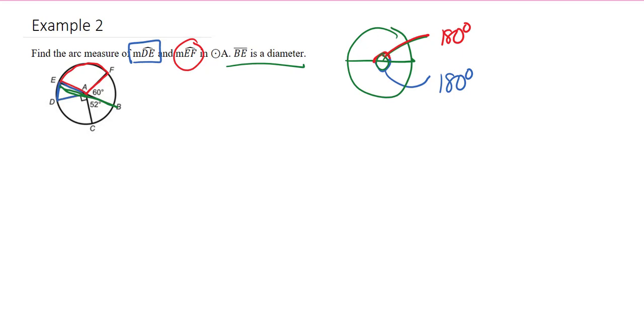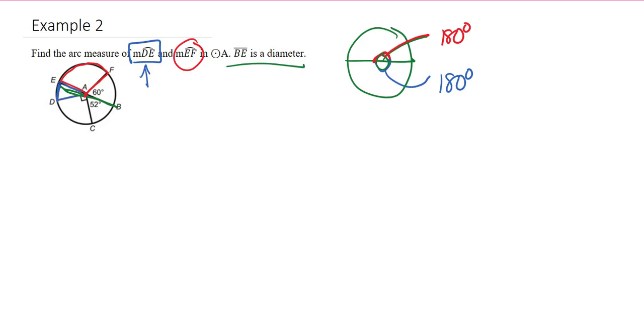So now that we have that information, let's find the arc measure of this DE. So we're looking at that arc DE right here. We don't really know what it is yet because there are no numbers that it just gives us. It's not an easy one.